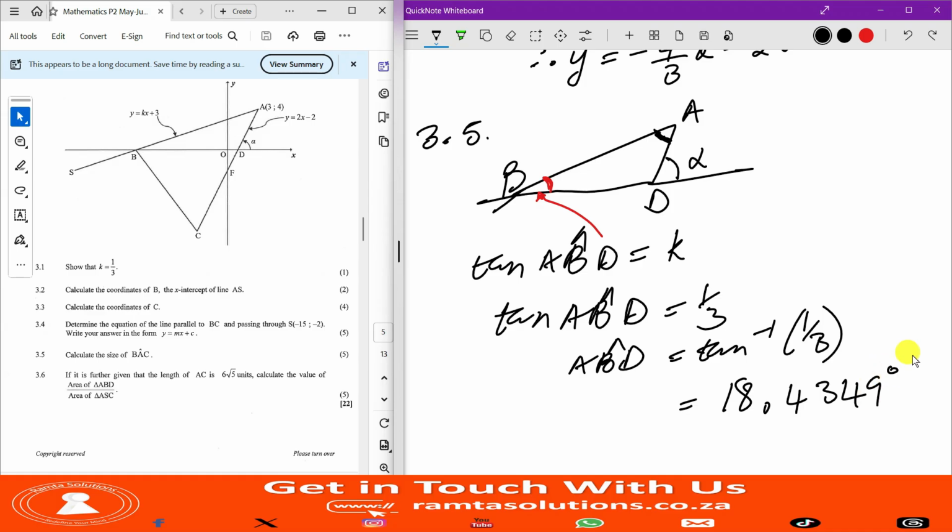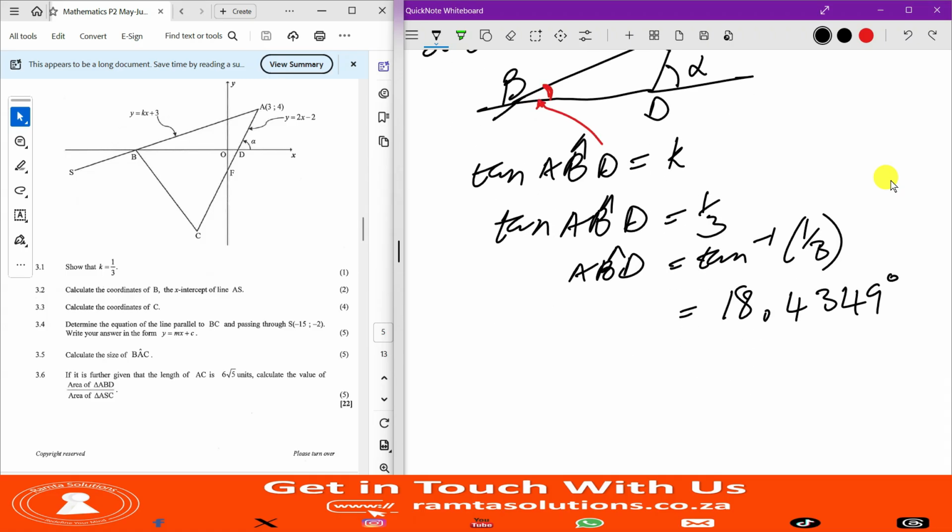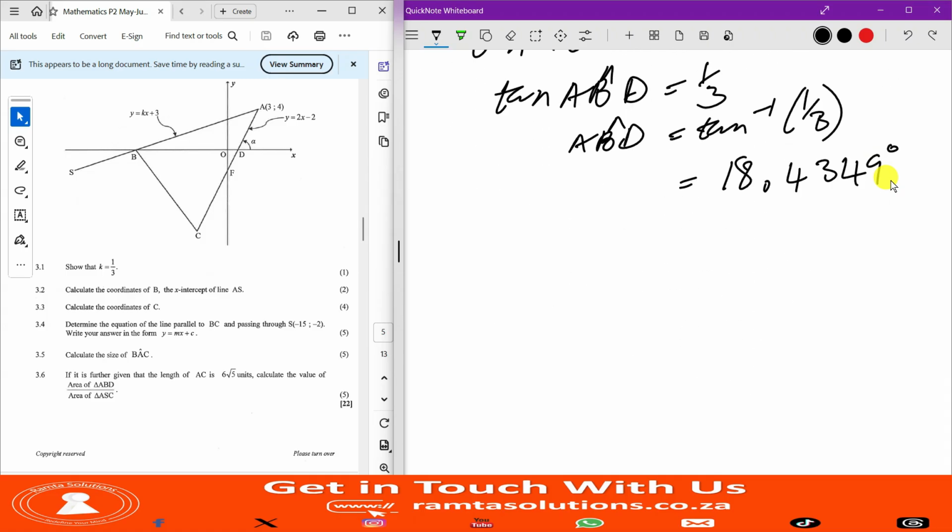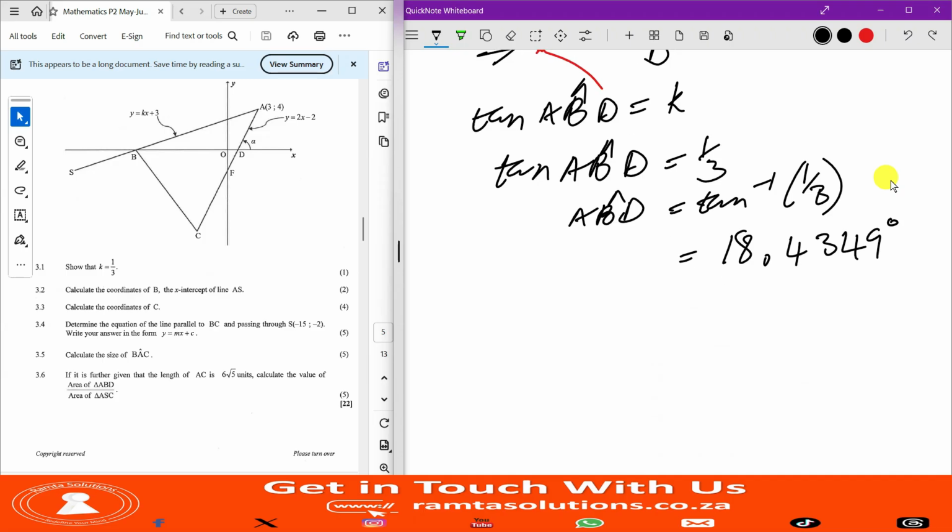I'm writing it correct to 4 decimal places because it is not my final answer. You can, in the middle of your calculations, work with 4 to 5 decimal places. And then your final answer is the one that you give to 2 decimal places.